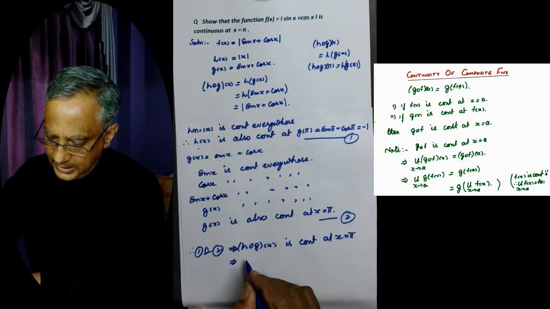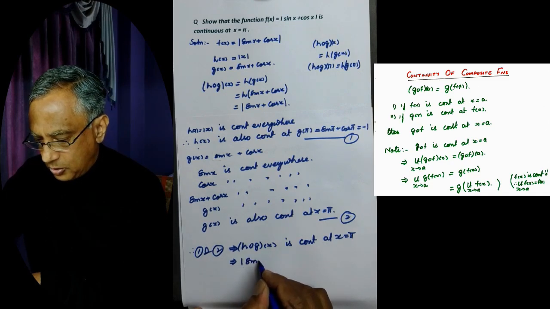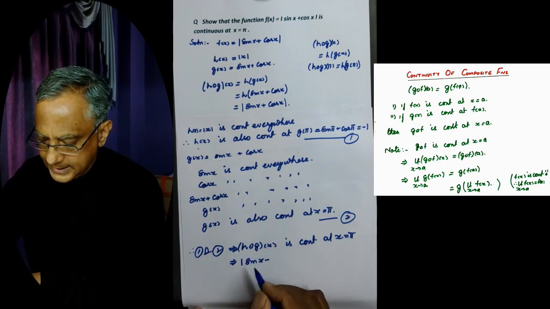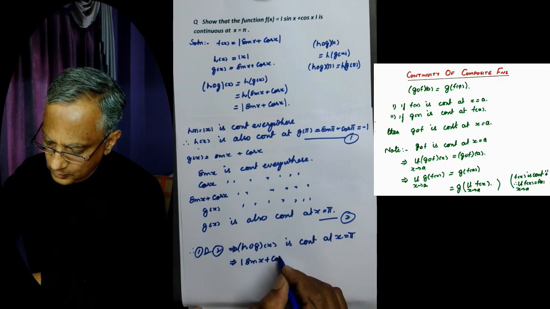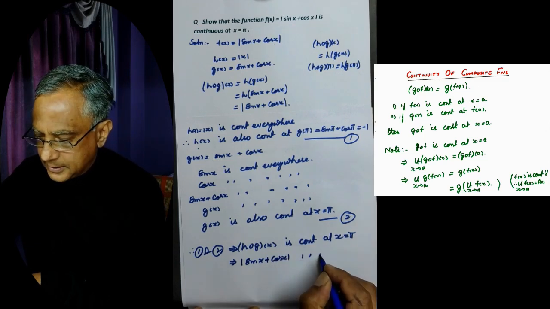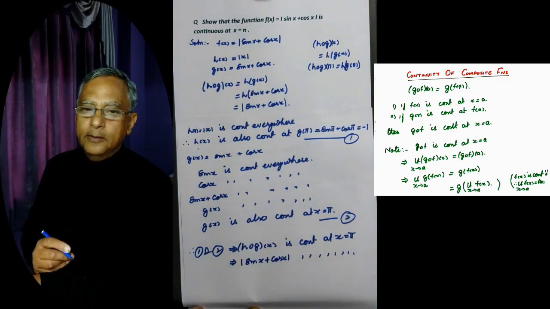Now h of gx is mod of sine x plus cos x, which is continuous at x equal to pi.